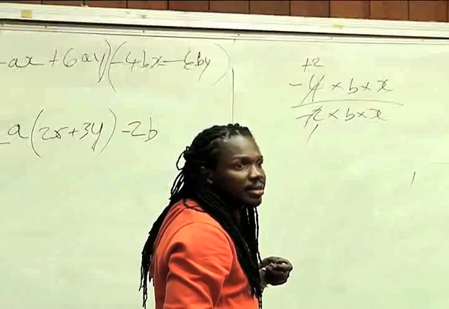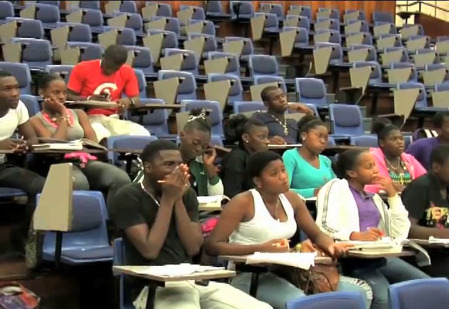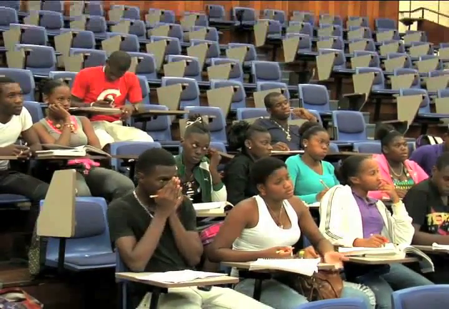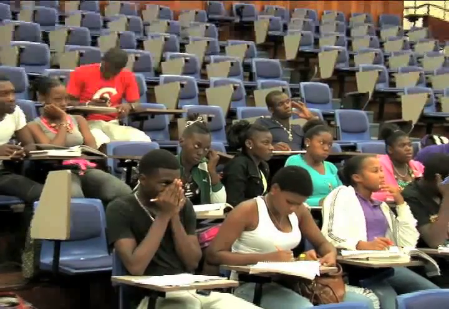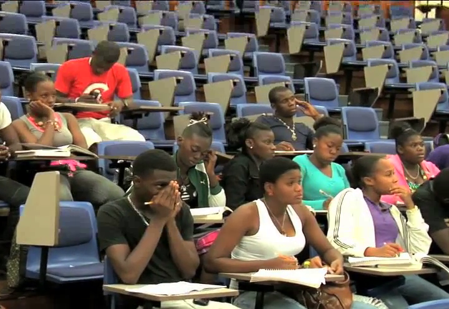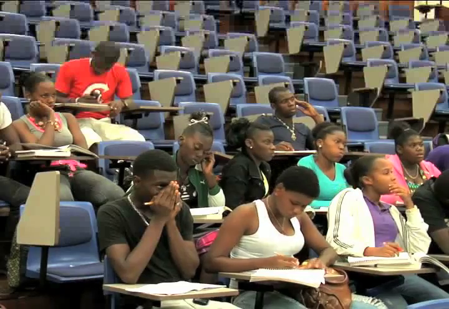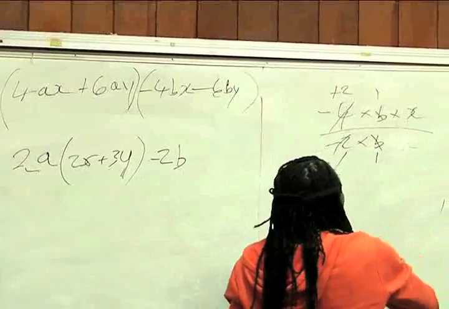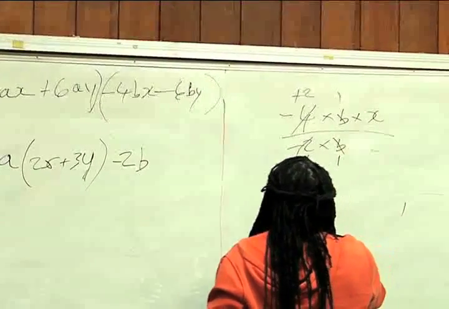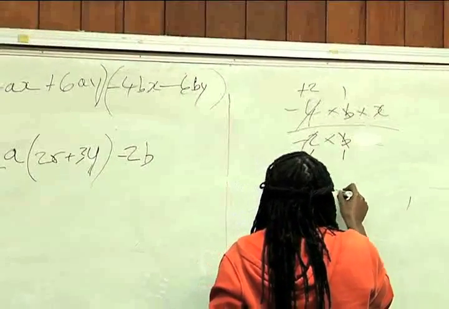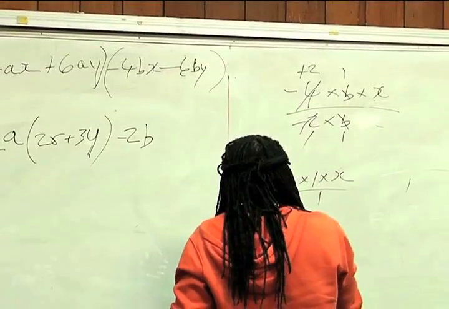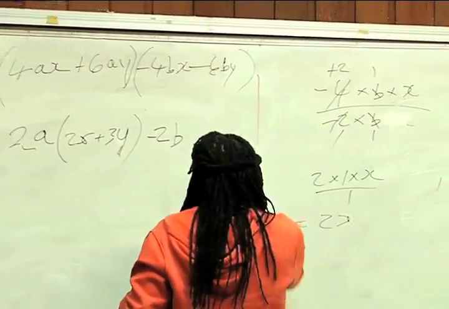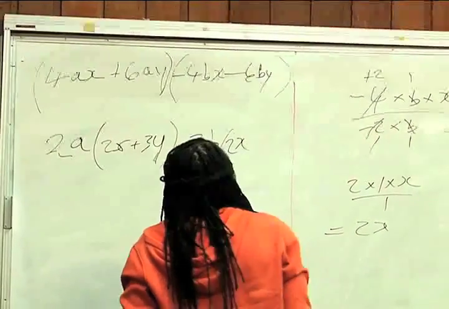Because when dividing, if the signs are the same, it is positive. b into b is 1. It's just 2b divided by 2b, that's outside the bracket. So therefore it is 2 times 1 times x over 1, equals 2x. See that?